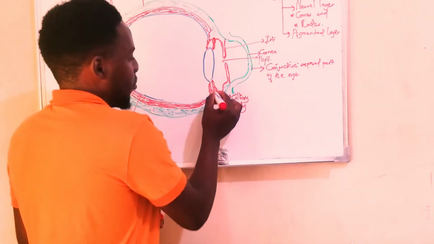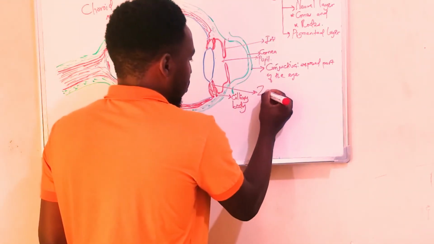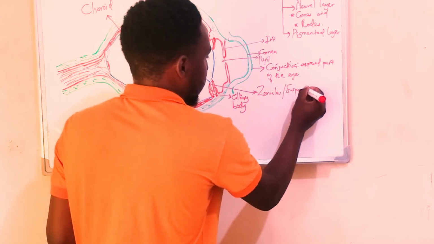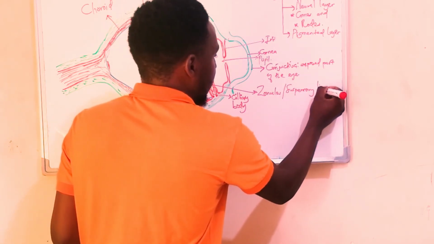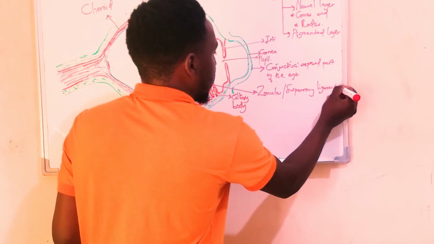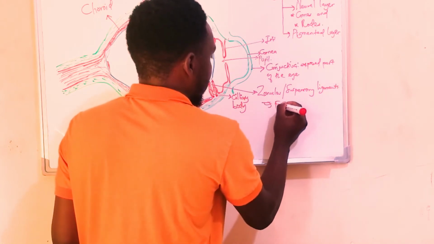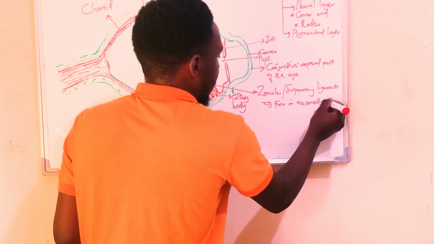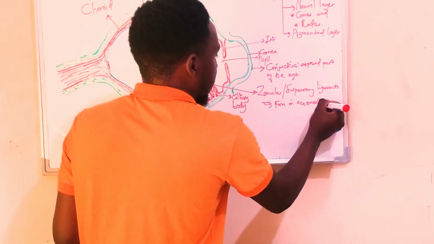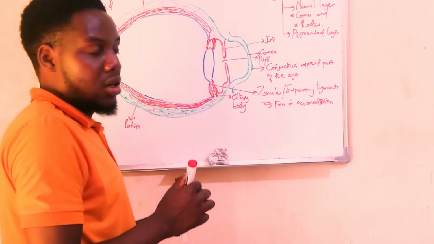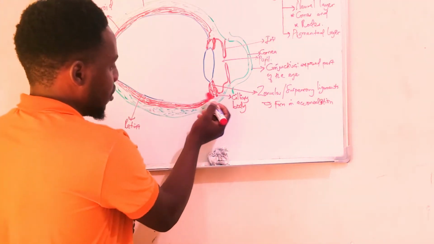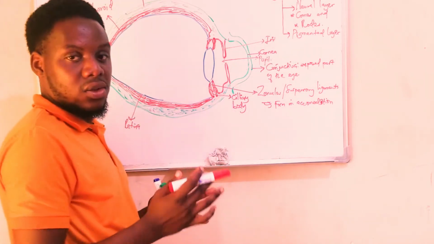Then you can also talk about the zonules or suspensory ligaments. These function in accommodation, in changing the curvature of the lens. This would depend on whether the ciliary muscle here is going to contract or relax.